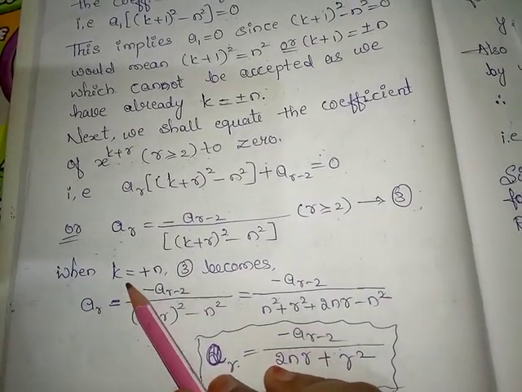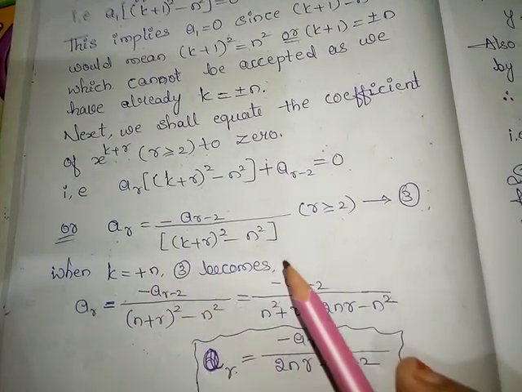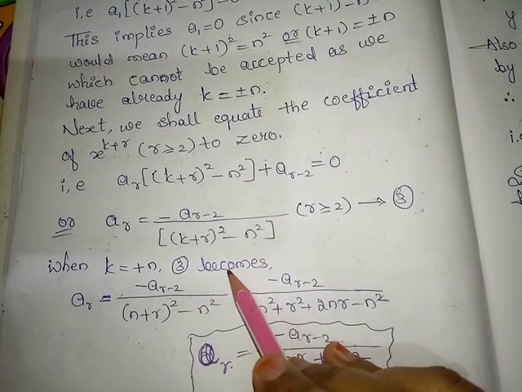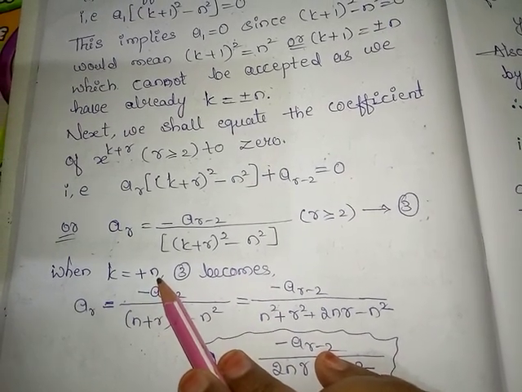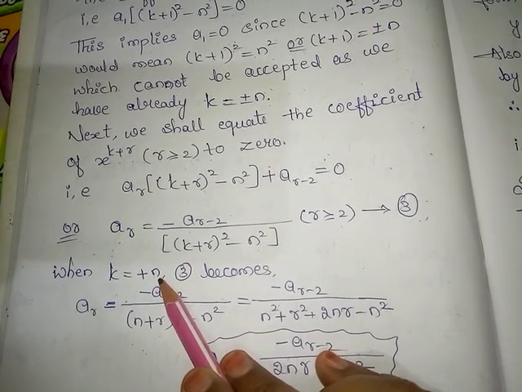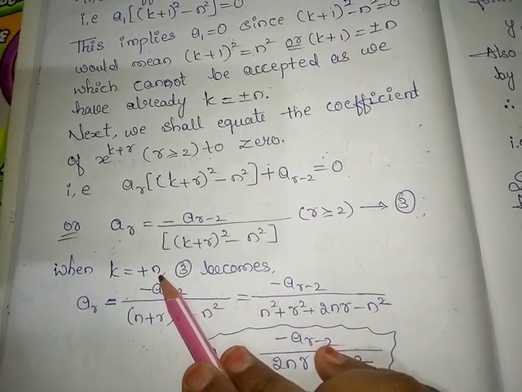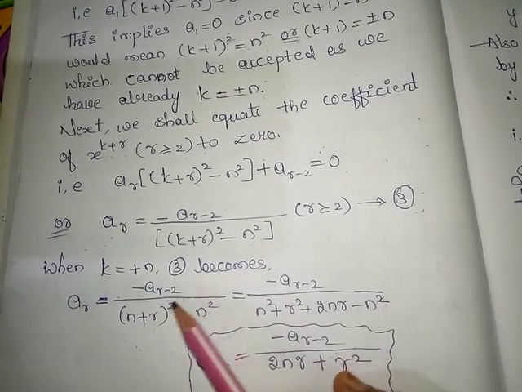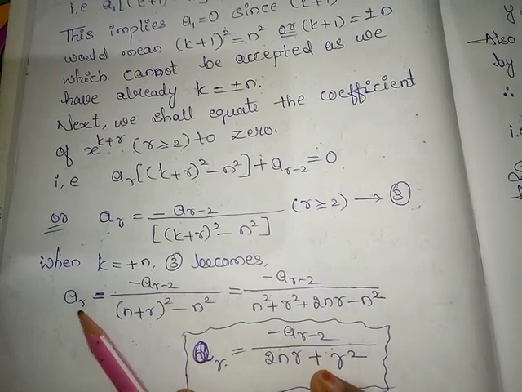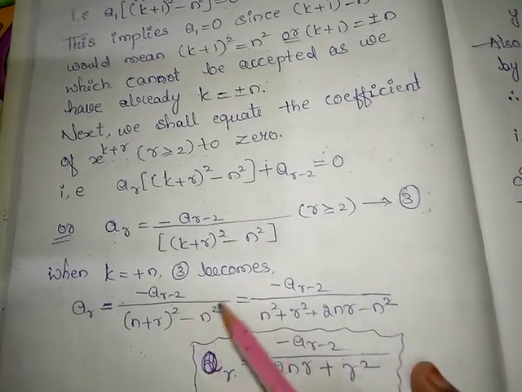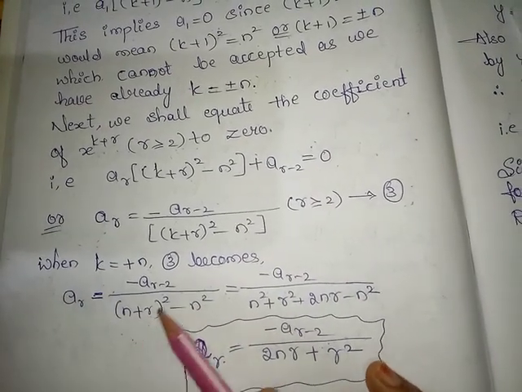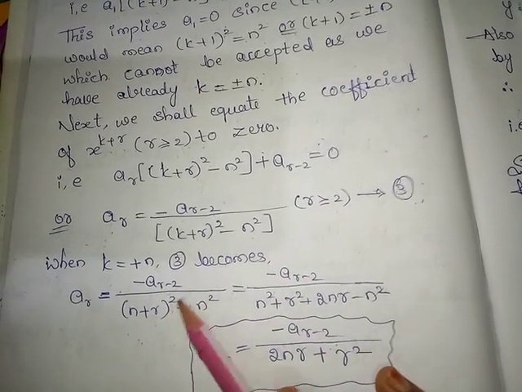When k is equal to plus n, what will be our recurrence relation? Because we have k value as plus or minus n. First consider k as plus n. What will be a_r is equal to −a_(r−2) divided by (n + r)² − n². The (a + b)² formula we have to apply here.